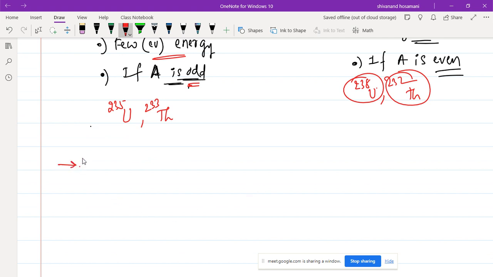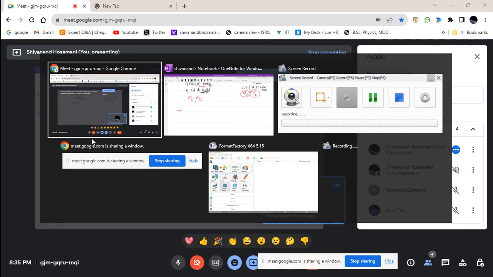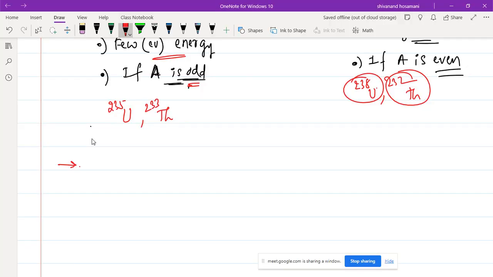Here we are going to define a critical energy. What do you mean by critical energy? Anyone? Yes. ಹೇಳ್ಬೋದಾ? So what I was asking, critical energy. Critical energy ಅಂದ್ರೆ ಏನಿದು?